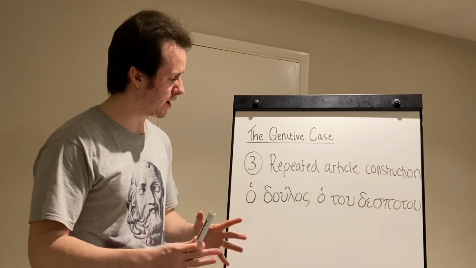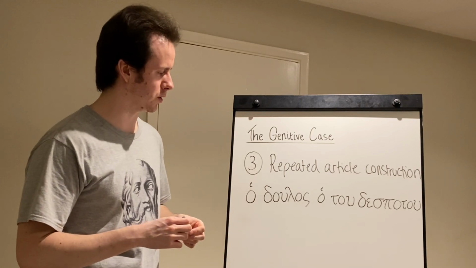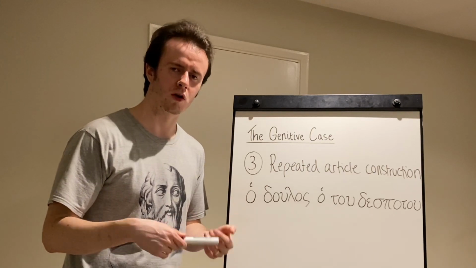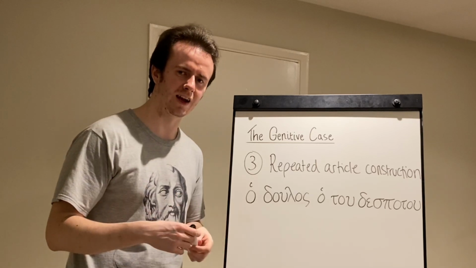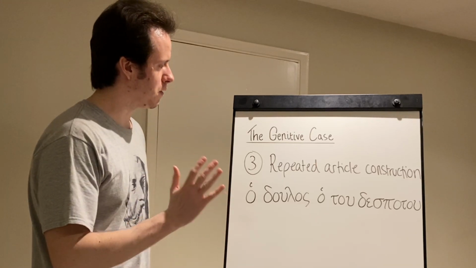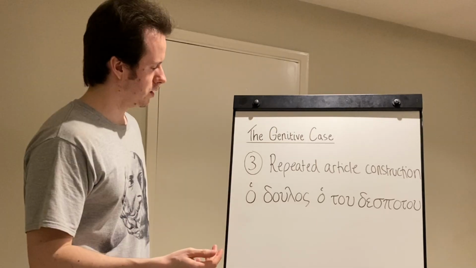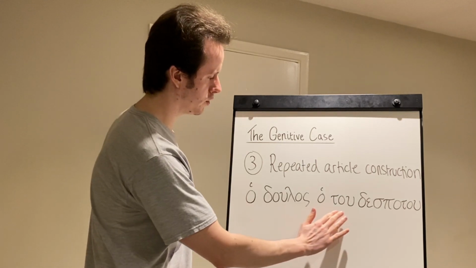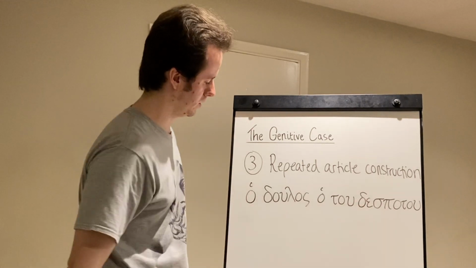So this is that same phrase in the repeated article construction. It's the phrase, the slave of the master, or in more natural English, the master's slave, but using the repeated article construction. So what do we have here? We have ho doulos ho tu despotou.